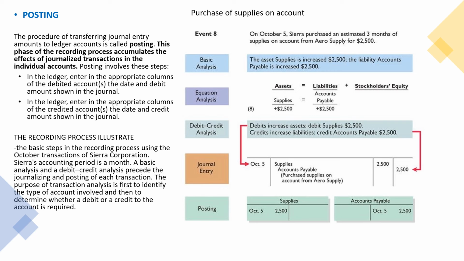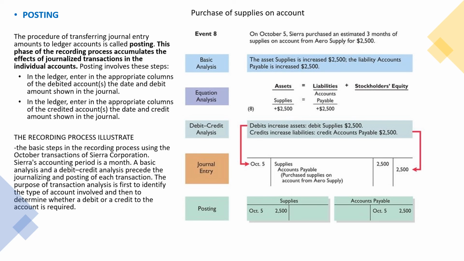Then we record the process, as illustrated here. So we would record the process using the October transactions for Sierra right here. Sierra's accounting period is a month, so we do a basic analysis and a debit-credit analysis, and then we proceed to journalize and post each transaction.